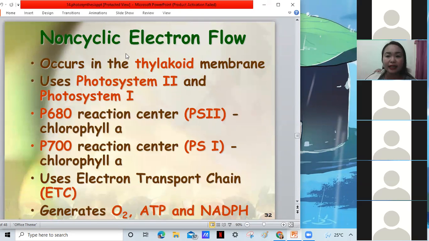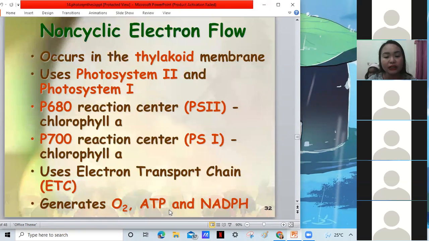In the non-cyclic electron flow, it occurs in the thylakoid membrane too, but this time it is already in photosystem 2 and also photosystem 1. So it is in the P680 reaction center, chlorophyll A, and P700 chlorophyll A, and uses the ETC again to generate oxygen, ATP, and NADPH.